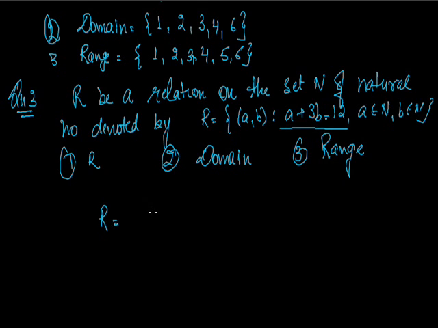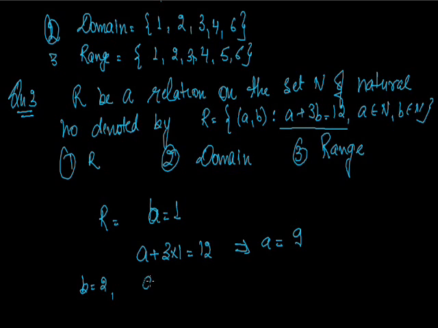If we put B equal to 1, then A plus 3 into 1 will be equal to 12. This gives A is equal to 9. If we put B equal to 2, then A plus 3 into 2 will be equal to 12. This gives A is equal to 6. And if we put B equal to 3, then A plus 3 into 3 is equal to 12.